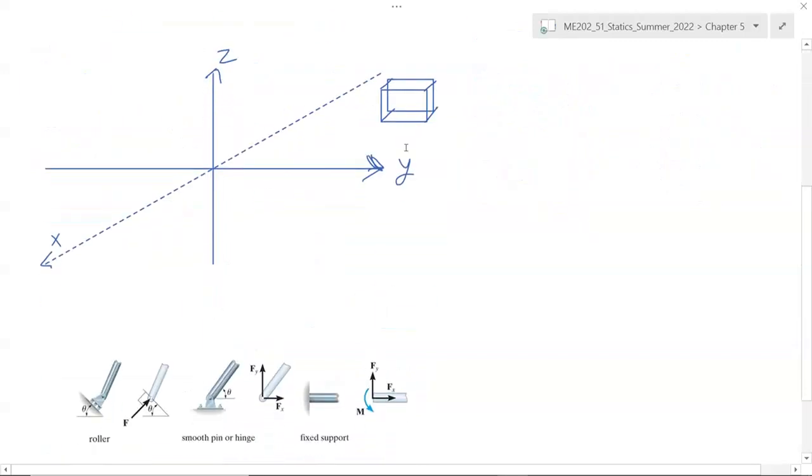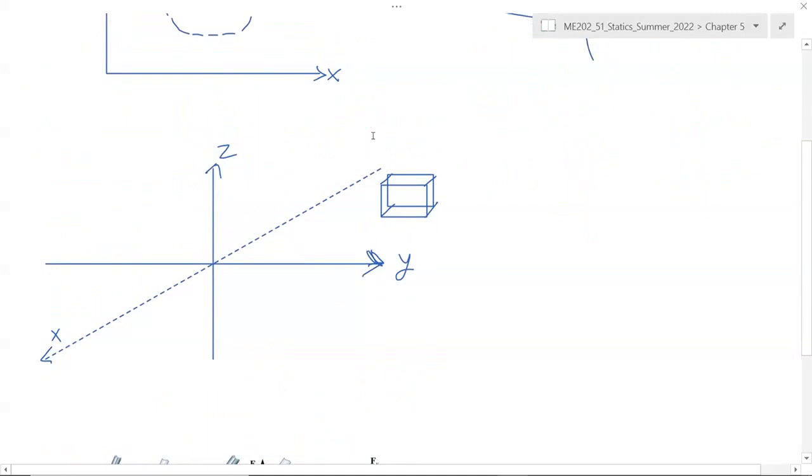On the other hand, let's consider this object in the 3-dimensional world, where the x-axis is here, y is here, and z is here. Again, when it's completely free from its surroundings, the object can translate along the x direction, along the y direction, and along the z direction.